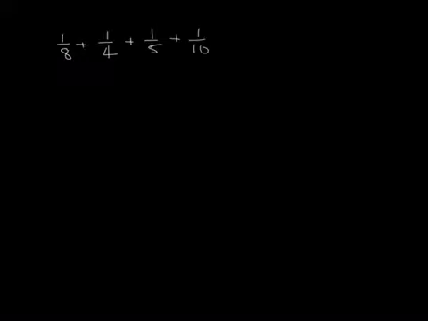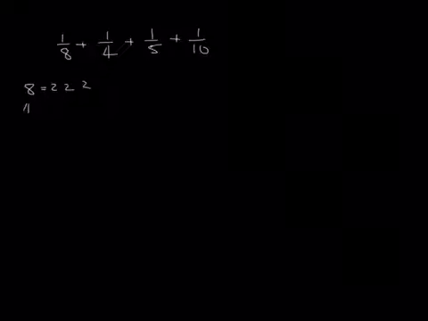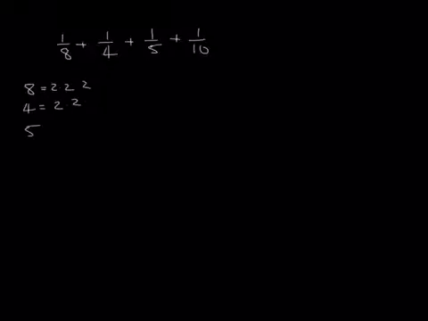Okay, so remember, take the product of primes. 5 is already a prime number, so it's just 5. And 10 is 2 times 5.